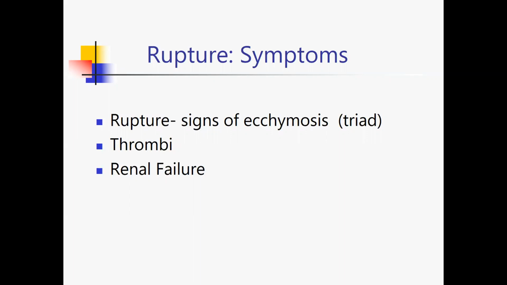It's a triad of symptoms, which includes back pain, hypotension, and a pulsating mass. So when you suspect that you have an impending rupture of an abdominal aneurysm, these folks have severe back or abdominal pain.